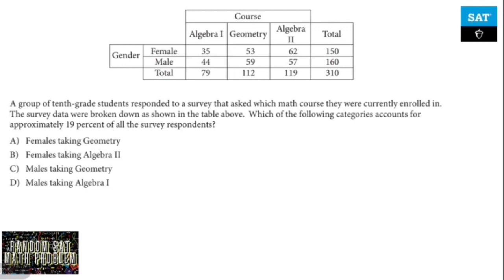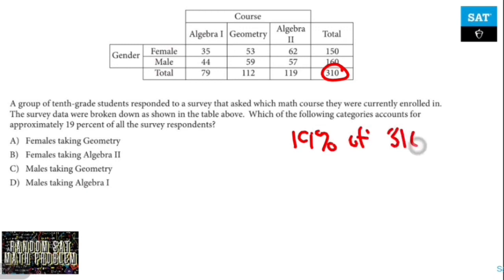I've never seen this problem before, so this is how my brain works for it. I see a grand total of 310, and I need 19% of 310.